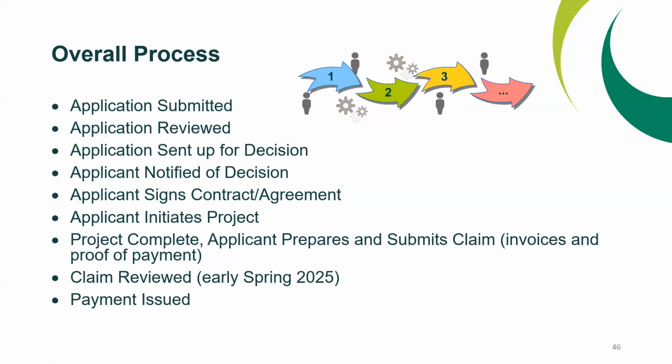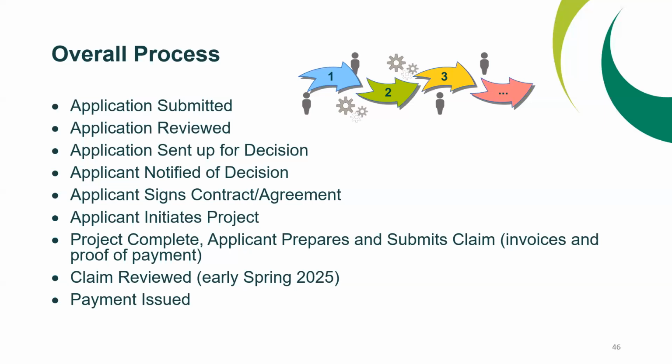So you will receive in your project package, where there's the contract and agreement, submission packages as well. And these are the invoices and proof of payment. And just to give you an idea of the timeline here, you would be completing this probably in the winter of 2024, 2025, after your project is completed, hopefully during the field year.